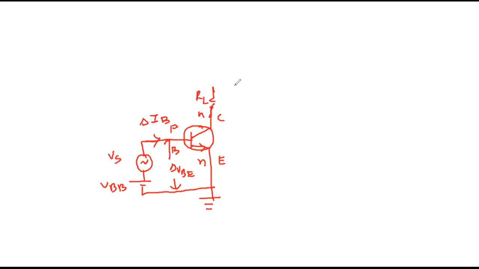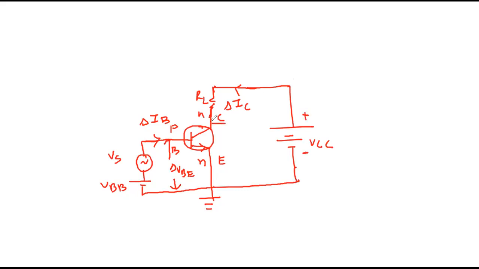Due to this, a varying collector current IC flows through the collector. This is VCC. Plus is connected to minus so that it behaves as reverse biased, and output is obtained between collector and emitter.